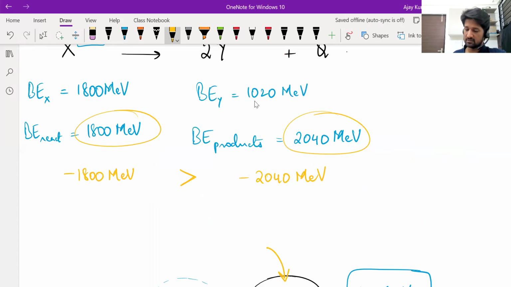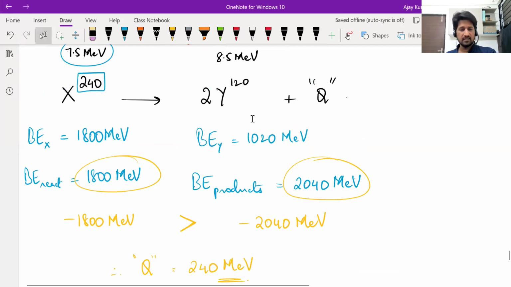And what's the difference? 2040 minus 1800 is 240. Therefore, the energy released in this reaction is 240 mega electron volts. So binding energy, don't get confused and think of it as the energy which the nucleus has. No, it's the energy which the nucleus requires for its nucleons to get freed.